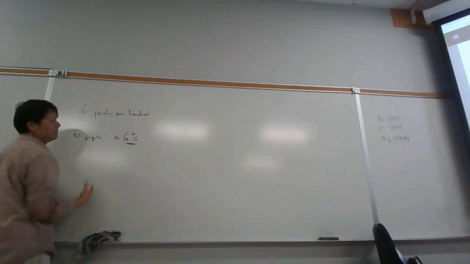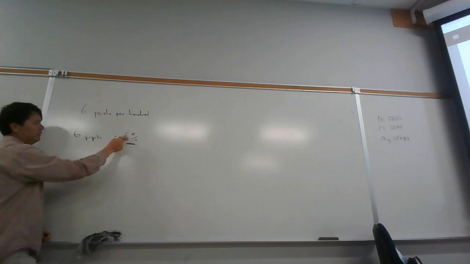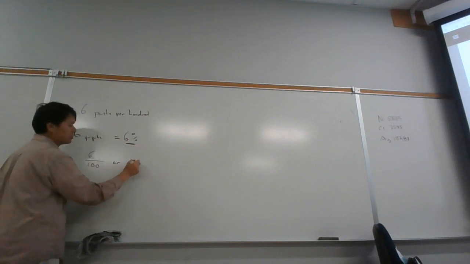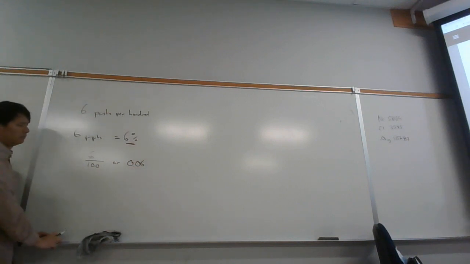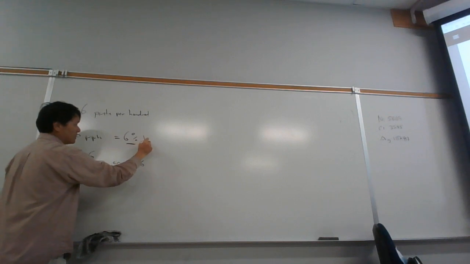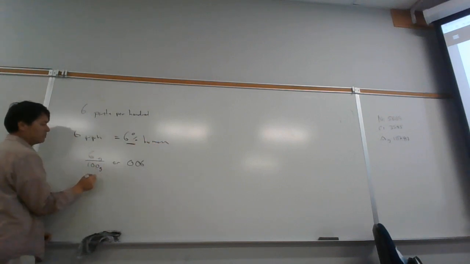And so everything that we do with percentages, we do the same thing with parts per million. So if we have that, that means 6 out of 100. That's the fractional form. Or the decimal form would be 0.06 out of 1. So let's say 6% by mass means that we have 6 grams per 100 grams.